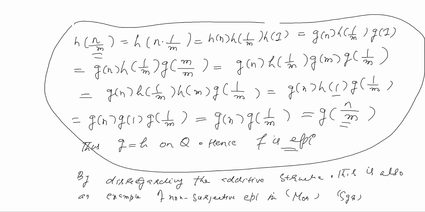Now I will end this lecture with an exercise for you. It is a similar sort of exercise to what we did for monos. First, the identity morphism is always an EP.